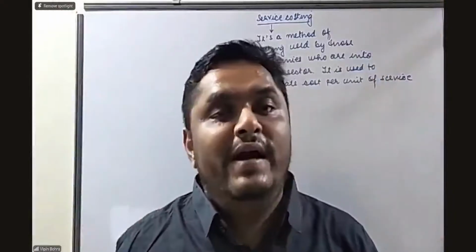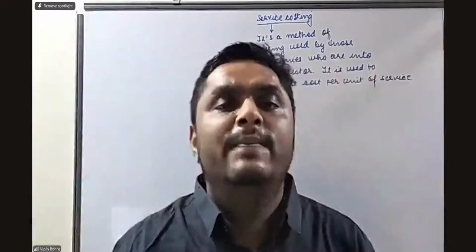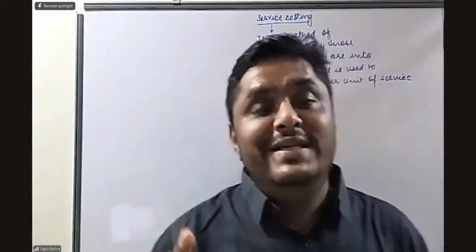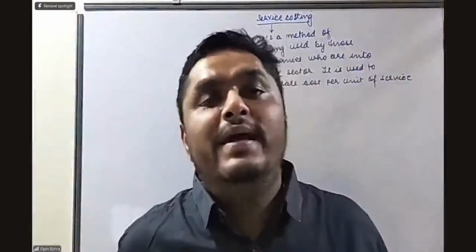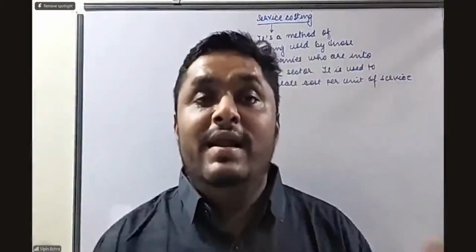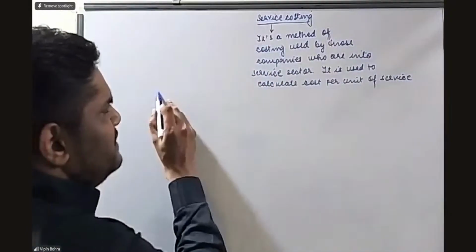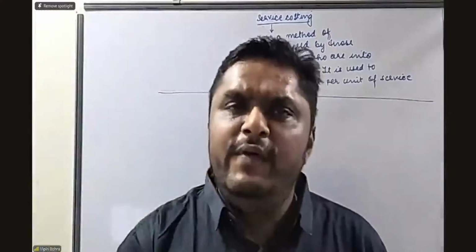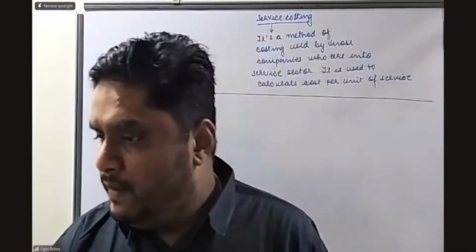Simply, we have to divide the cost into two parts, or in some cases, we have to calculate simply the total cost divided by the units of service. Cost sheet जैसा format नहीं है service costing में. Very simple, the total cost divided by units of service. Rest, nothing to do. Now, let me discuss this concept with the help of an example. Let me give you a brief about a service sector, let's say transportation industry.